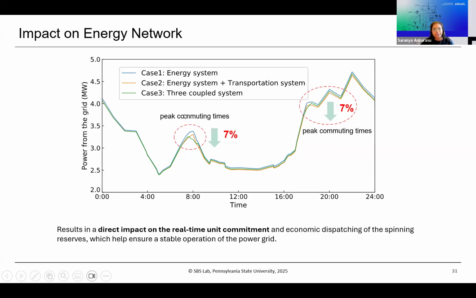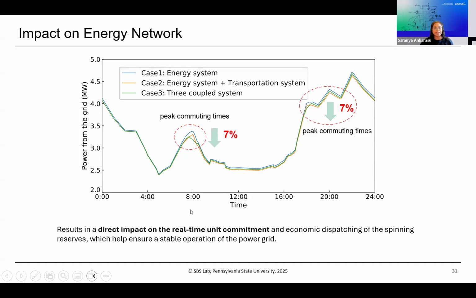We do see that case three, the three-coupled system, was showing lower consumption during the peak periods, at least, because we are coupling things together. So there's more traffic on roads, people don't end up reaching the residences, so they don't start consuming as much energy as they otherwise would. So it's all linked. It's a cyclic cascading effect, because of which we were seeing a 7% lower consumption.